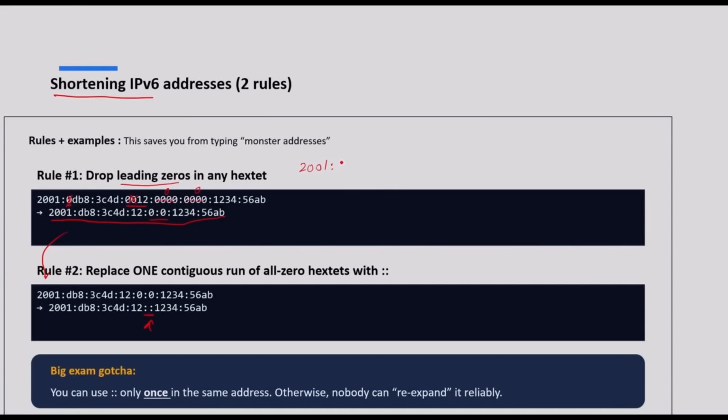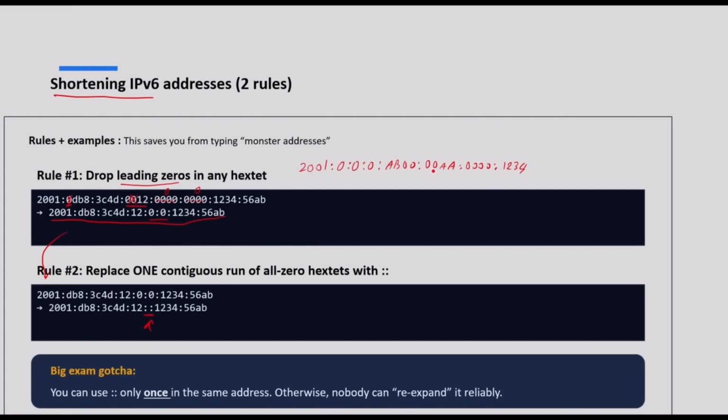I have all zeros, and I'm trimming all of them based on the first rule, and then I have another zero, and then another zero, and then I have, let's say, a b, then 0 0 a, and how many is that? 1 2 3 4 5 6, and I still have two hexadecimals. So I'm going to go with 0 0 0 0, and in the end I have something like 1 2 3 4.